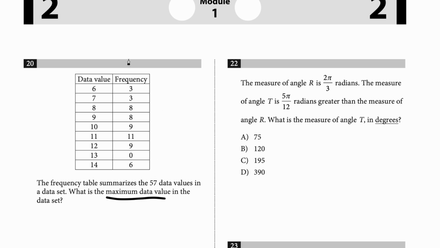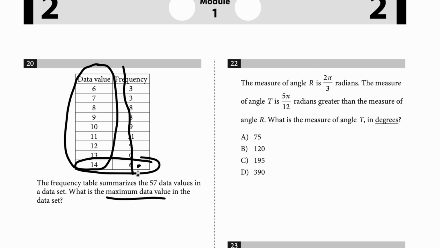So in this, we can technically ignore the frequency side, and we just have to focus on the highest data value. And we can find out that it would be 14 in this situation, as the frequency is also not equal to 0. So the maximum data value would be 14 in this case.